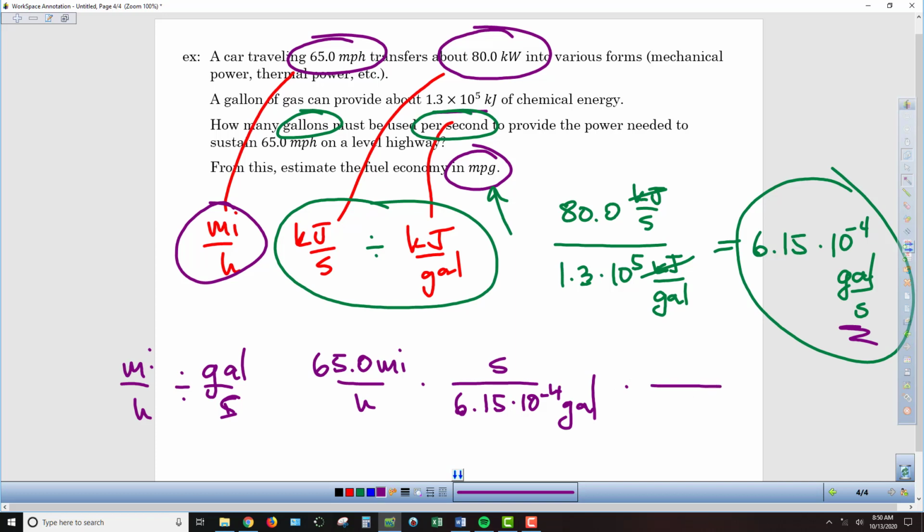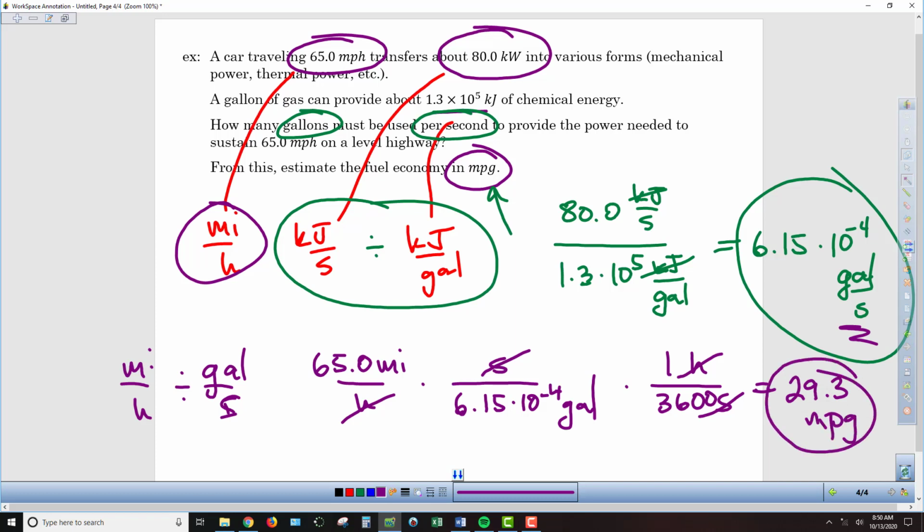So I need that conversion factor of 1 hour and 3,600 seconds. Now I can see that my hours will cancel out, my seconds will cancel out, and I'll be left with my desired units of miles per gallon. If we calculate that out, pushing buttons on our calculator, we end up with 29.3 miles per gallon, which, if we pay attention to what our cars get now, seems like a completely reasonable answer.